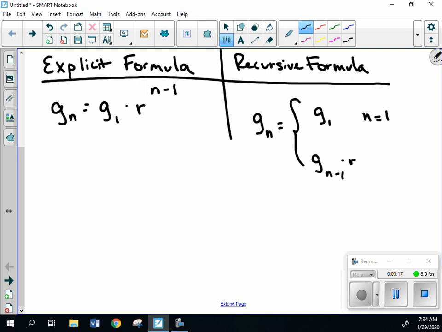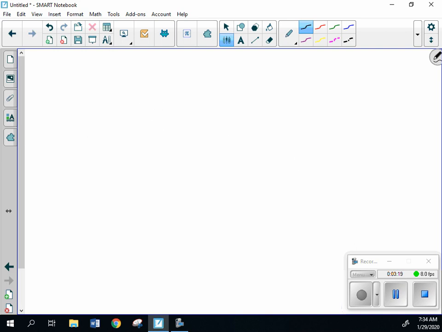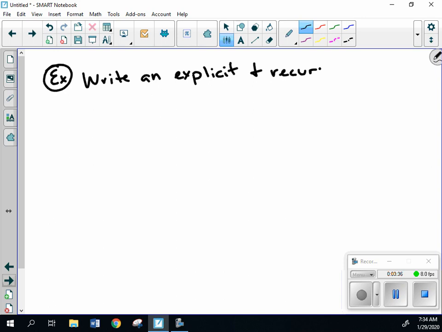So with that being said, there will be times when you'll be asked to write an explicit or recursive formula. We're going to do both just to get both of them out of the way.